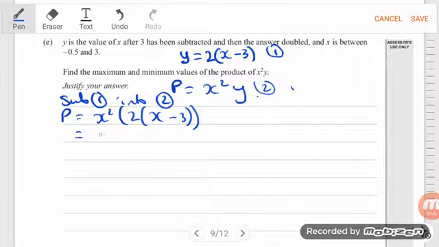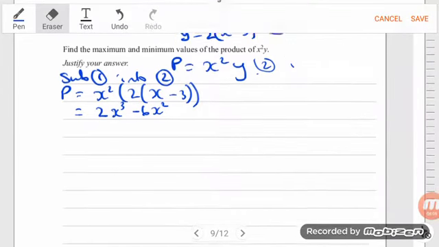Let's expand that out a bit, shall we? So that gives us 2x times x squared gives me that. 2 times negative 3 is negative 6 times that should be negative 6x squared. Okay? Let me write that a little clearer.